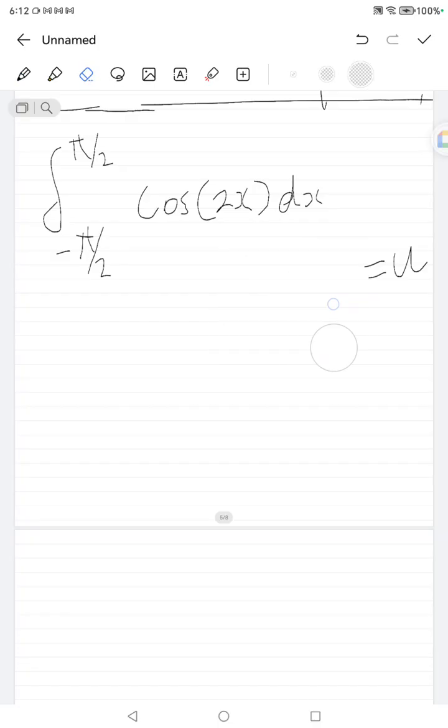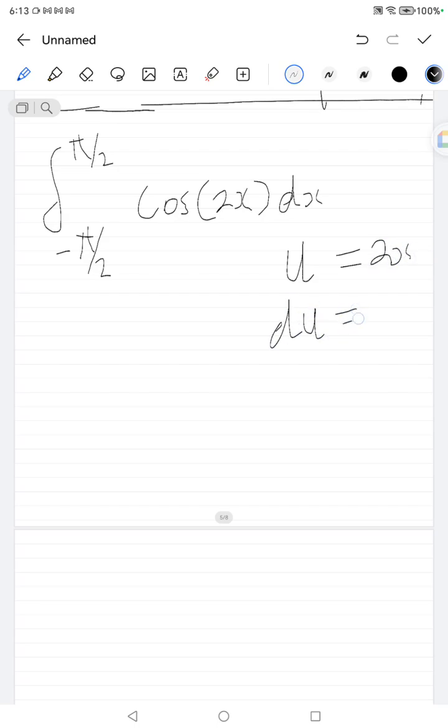Let me do it like this. I said your u is equal to your 2x, then your du is equal to 2 dx. Then you know your dx will be equal to your du divided by 2.